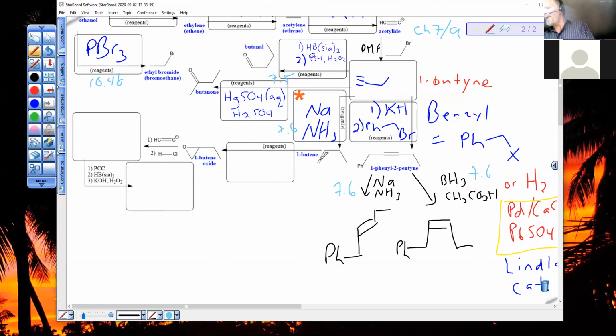All right, how do we make our alkene into an epoxide? We had a couple ways there. That's a chapter 11 reaction. That was near the end of the semester. Does not make it less important or more important. Epoxide synthesis was in 11.3.